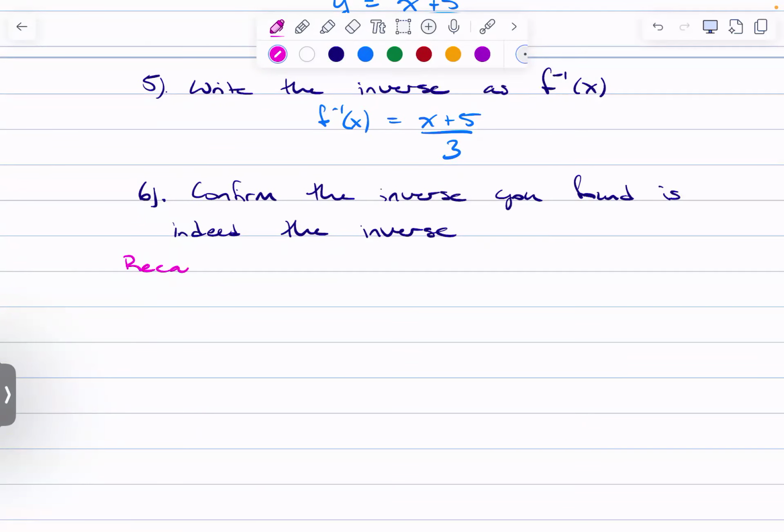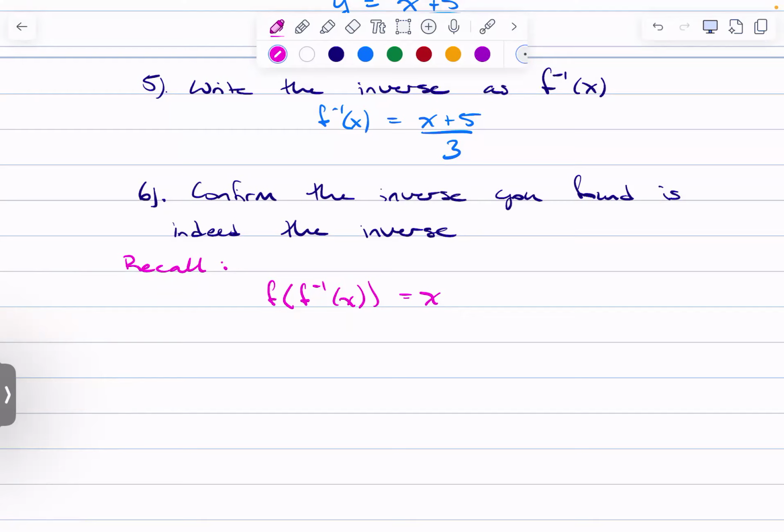The fact we'll rely on is that f composed with the inverse should be x. If I put the inverse into the original function, I should get back to the original input.